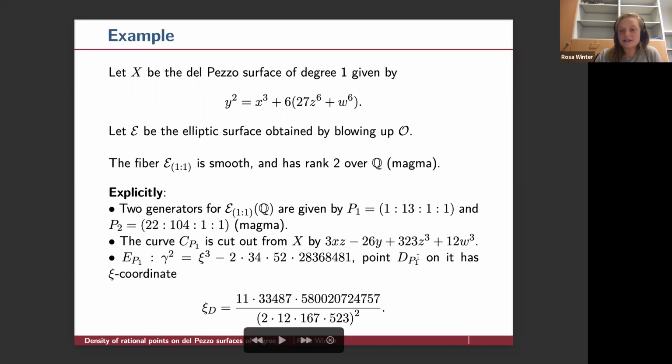And the point dP1, which is the point that we want to check for non-torsion, has this y coordinate. And by Nagell-Lutz, this implies that this is non-torsion on this elliptic curve. So in many cases, you can actually find explicitly one of these 3 sections of the surface and actually show that this has positive rank. And then you find infinitely many rational points on this 3 section.